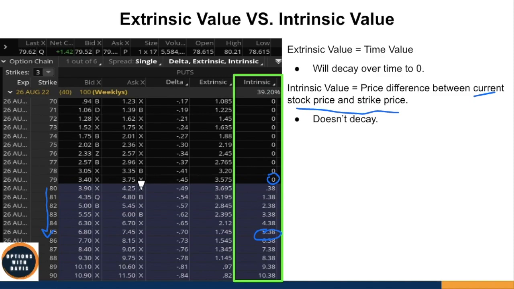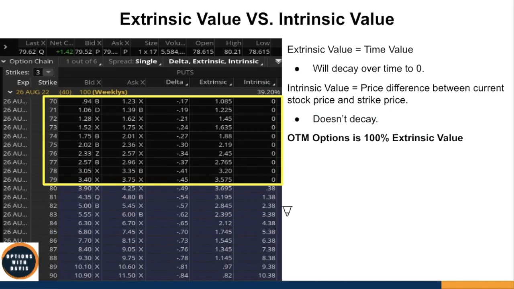So this is why some people want to sell in the money put options, because you can actually make the profits of capital gains. It's very similar to just buying a stock at 79.62, and then when it reaches 85, you sell off the stock. If you sell off the stock, you'll be making $5.38. So this is what intrinsic value also has.